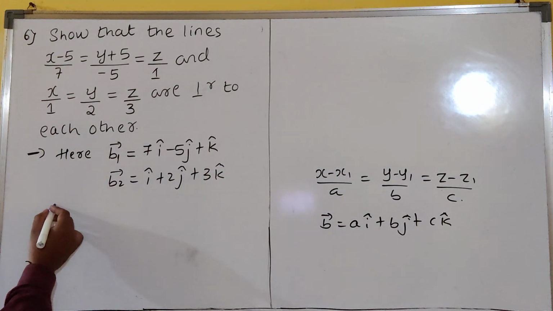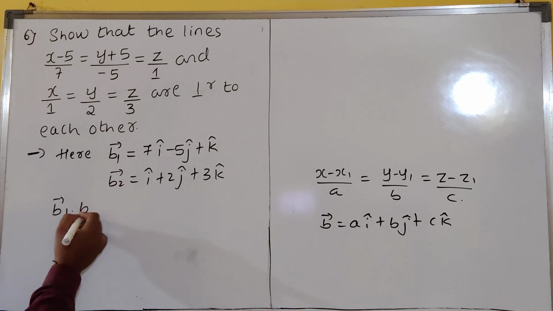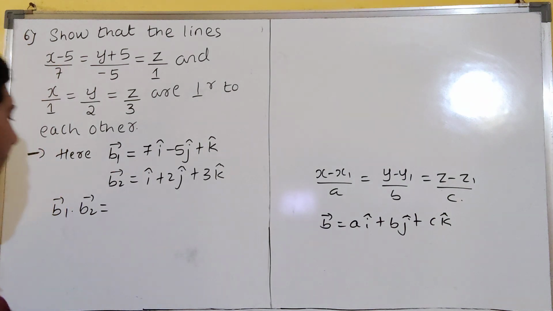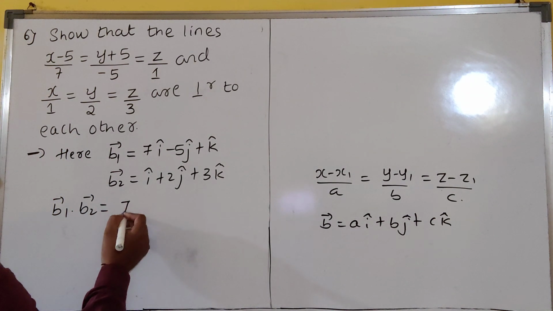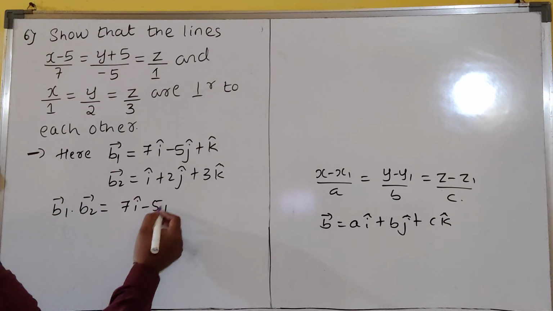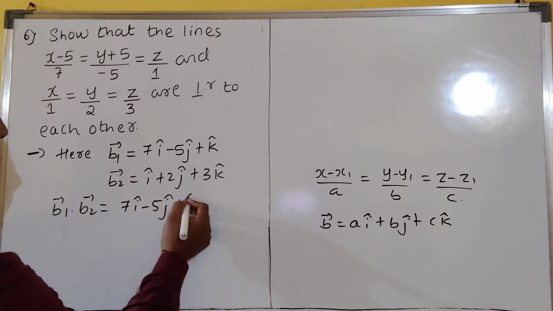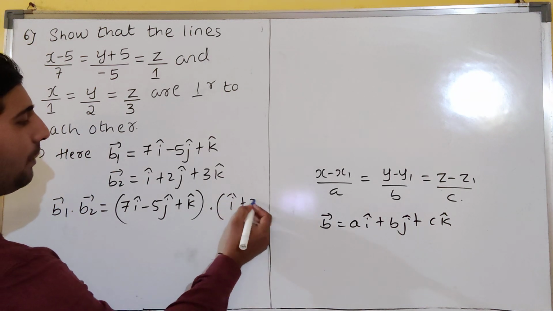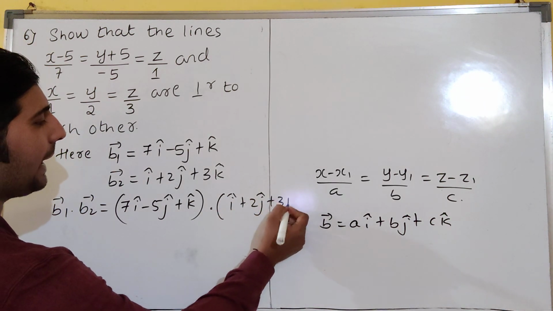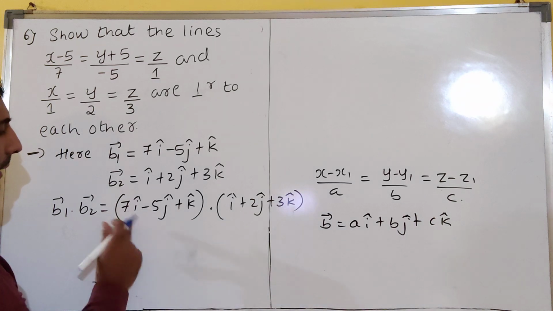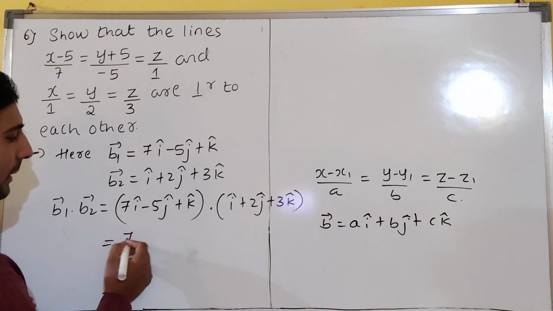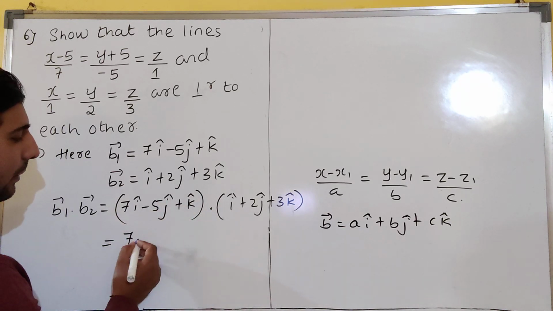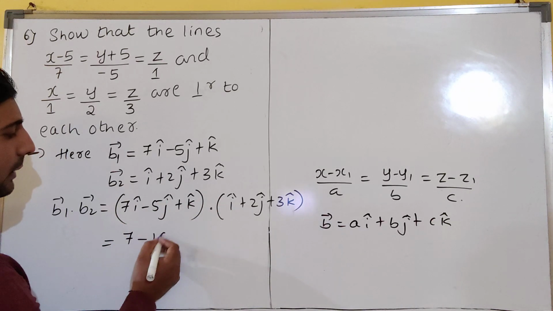So let us take the dot product, whether it will give 0 or not. If it gives 0, then only we can say the lines are perpendicular. Otherwise we can't say. So B1 is 7 i cap minus 5 j cap plus k cap, dot B2, which is i cap plus 2 j cap plus 3 k cap. Multiply: i to i, 7 into 1 is 7. j to j, minus 5 into 2 is minus 10.